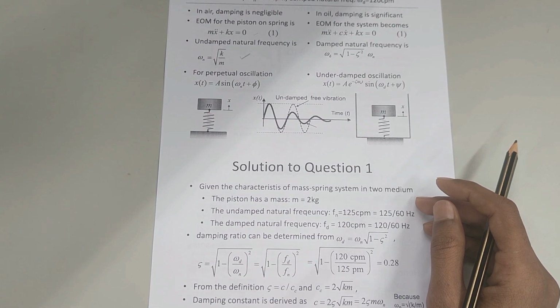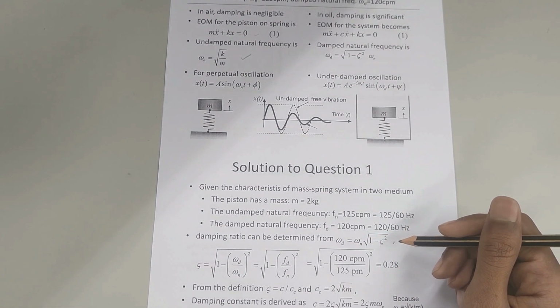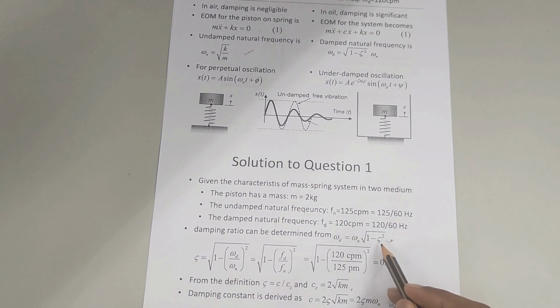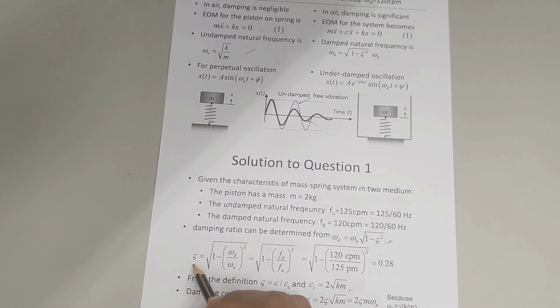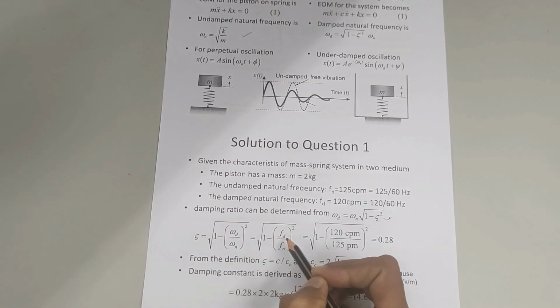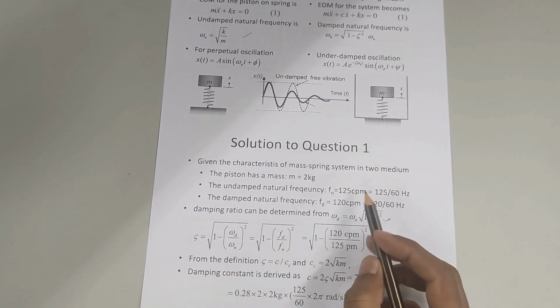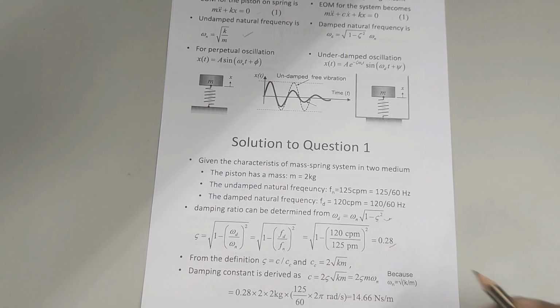We have omega d is equal to omega n times the square root of 1 minus xi square. From this we get xi is equal to the square root of 1 minus omega d by omega n, squared. This is a ratio, so we can directly put it in cpm. So we will get xi is equal to 0.28.